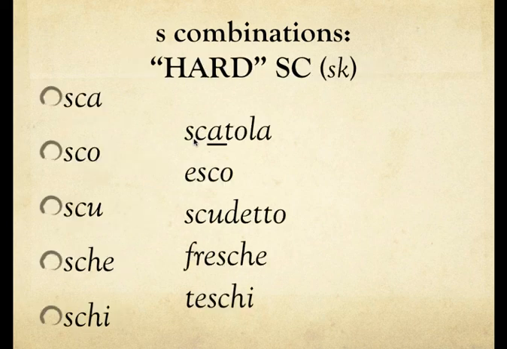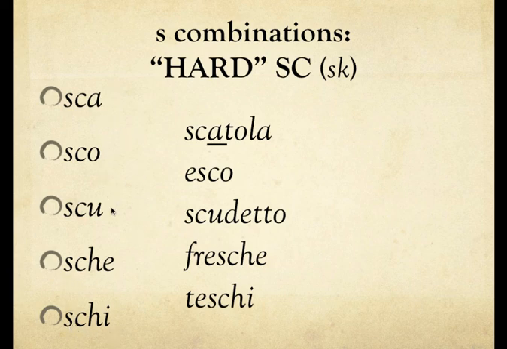Let's look at another S combination. These are the hard SCs, which makes sk. The hard sound depends on the vowel that follows. Okay, so we have ska, sko, sku, ske, ski.